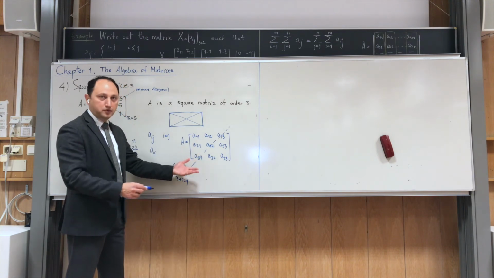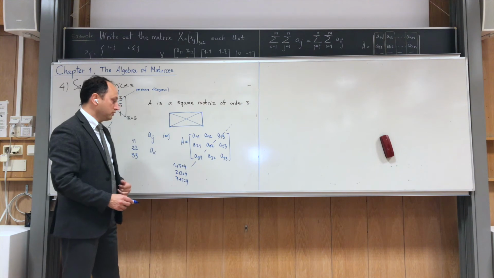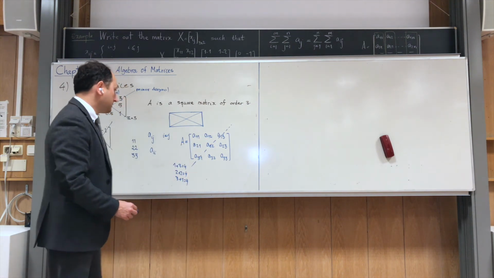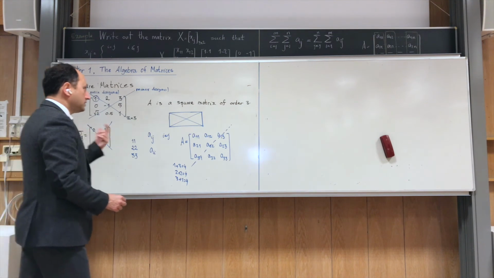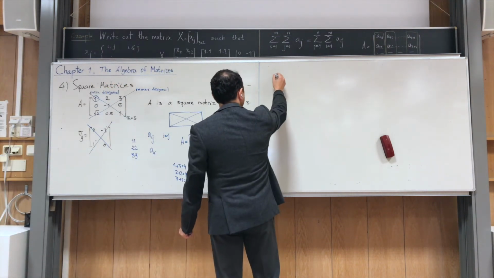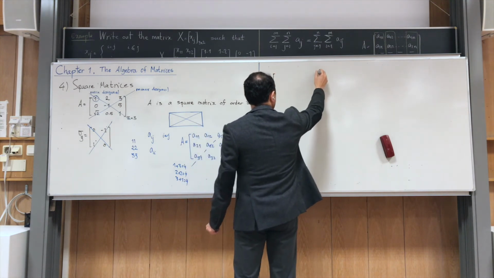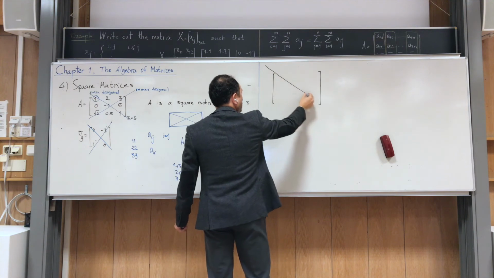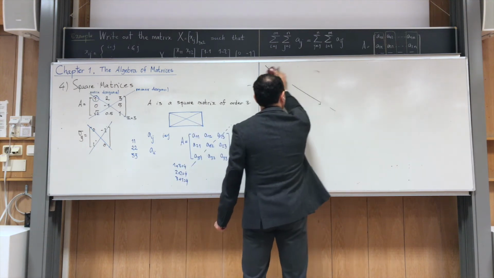Of course, I am not proving them. I am just trying to draw your attention to it. These are very simple things, and you can just do them yourself, yes? So let me just give you this picture in your mind. It is good to have it. So if I have a square matrix, then let me draw it with a different color.